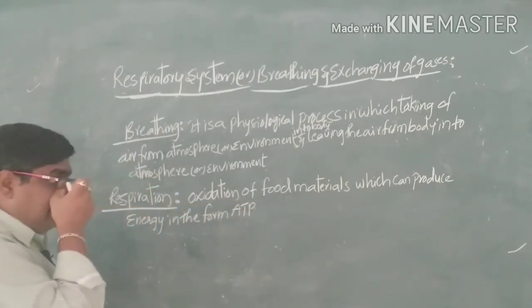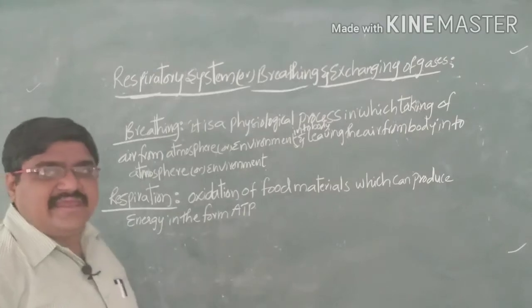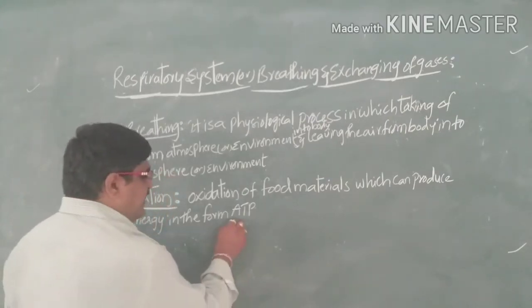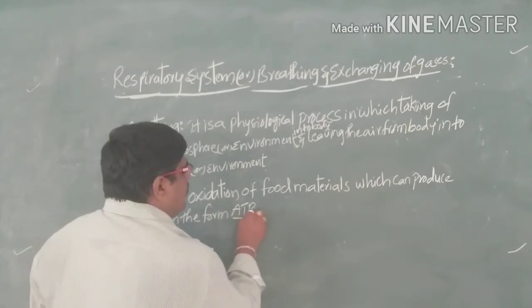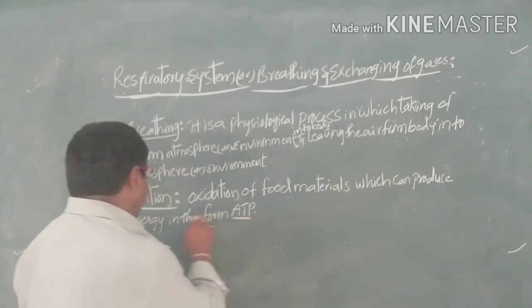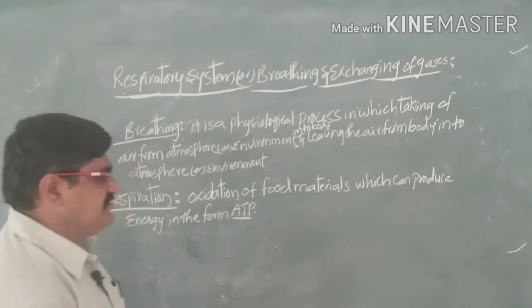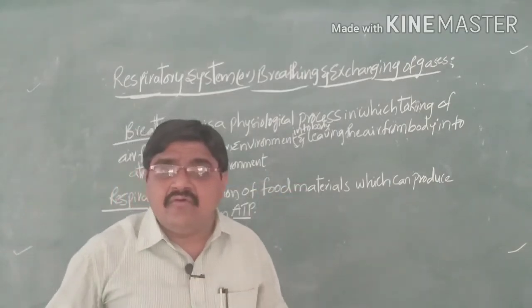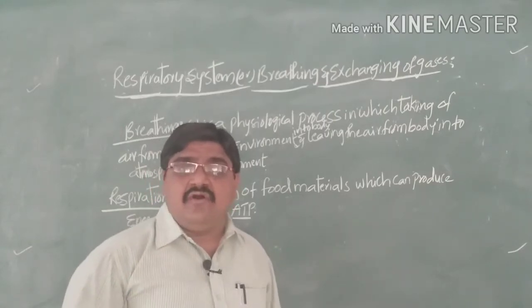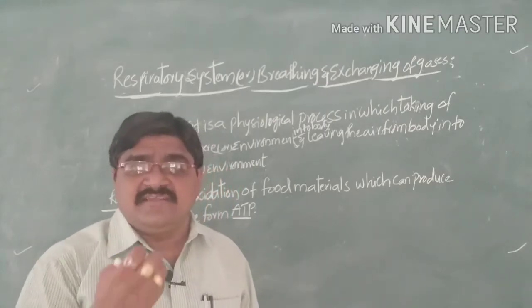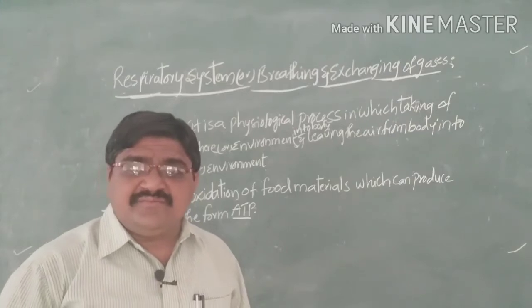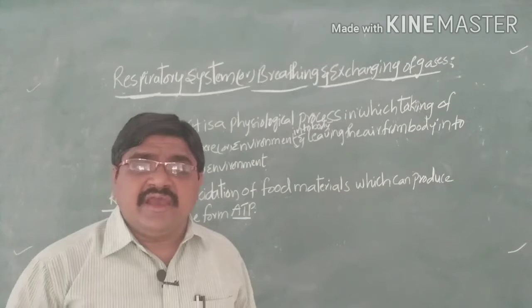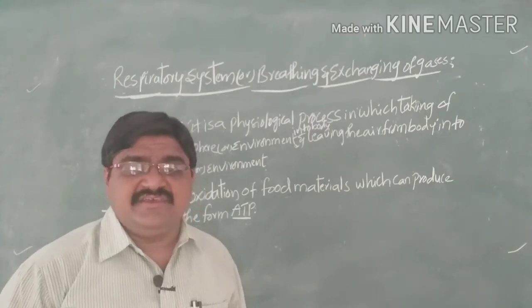When food is oxidized, we get that energy in the form of ATP. This process is called respiration. The food is oxidized, that means broken down in the presence of oxygen, and from the broken down food materials we get the energy.